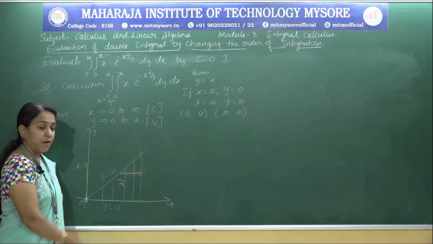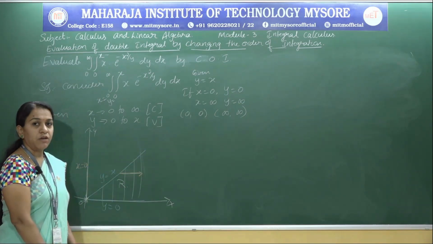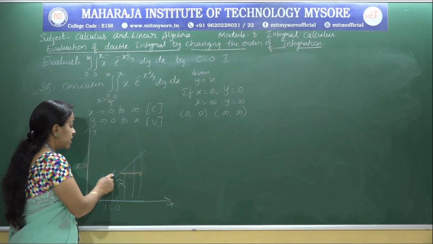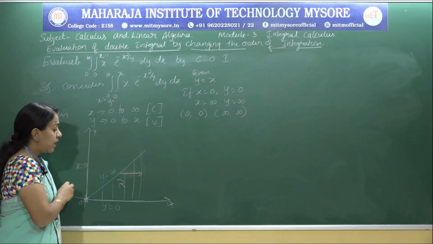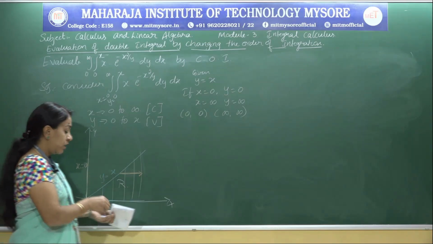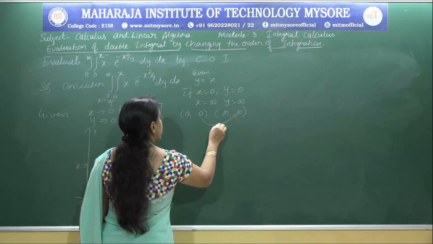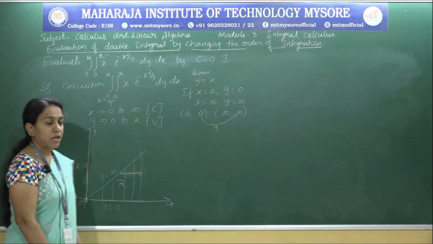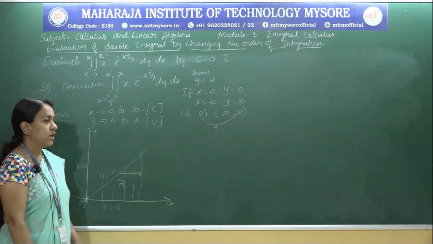So x varies from y to somewhere infinite value, infinity. That means x varies from y to infinity, right? And the y value I can consider from the point of intersection, y varies from 0 to infinity, because I am not able to mark infinity, infinity.